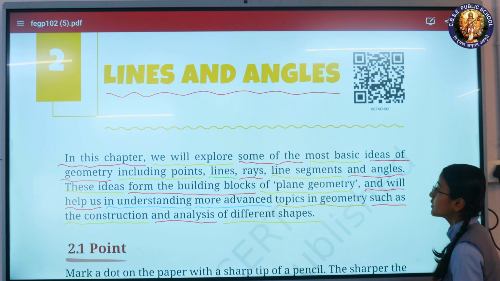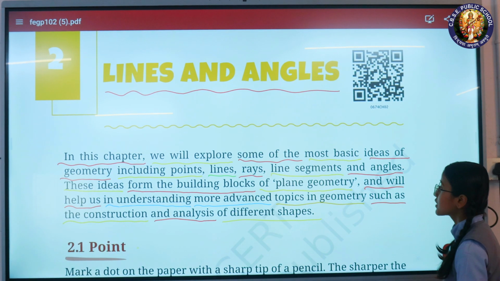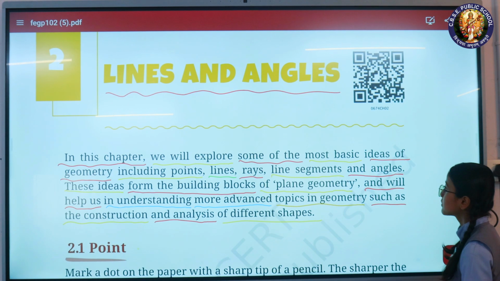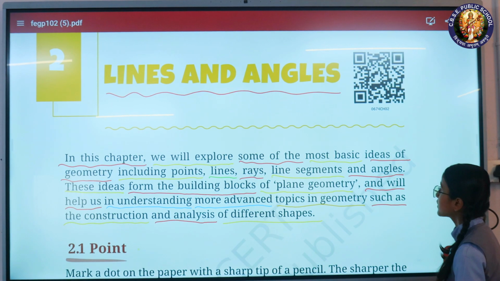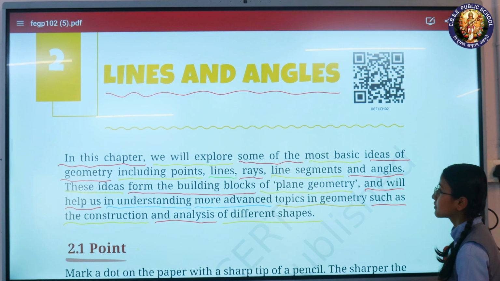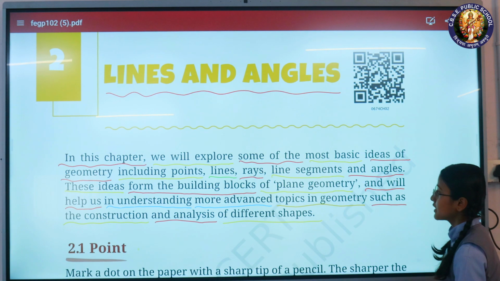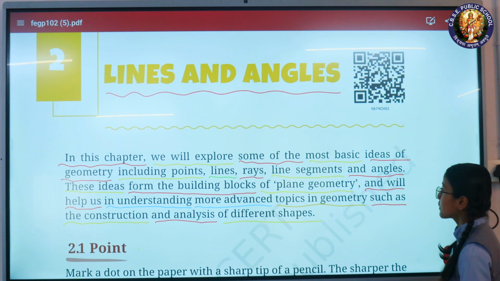In this chapter, we will explore some of the most basic ideas of geometry, including points, lines, rays, line segments, and angles.